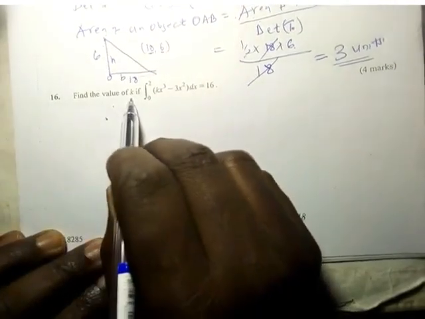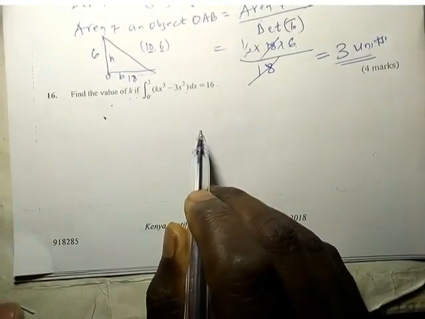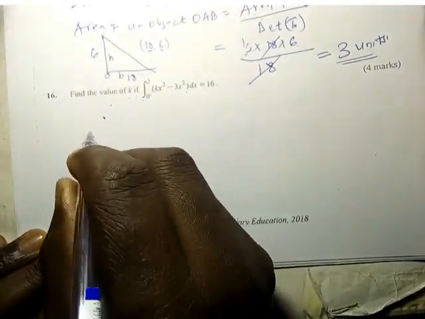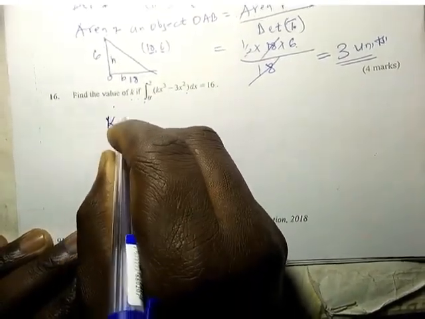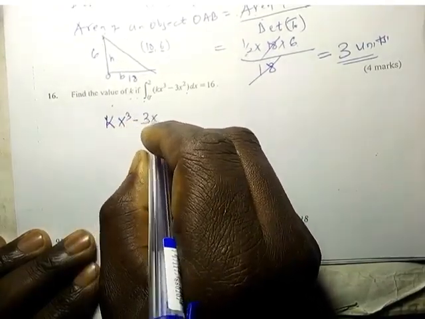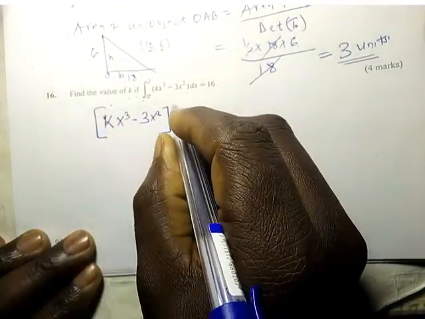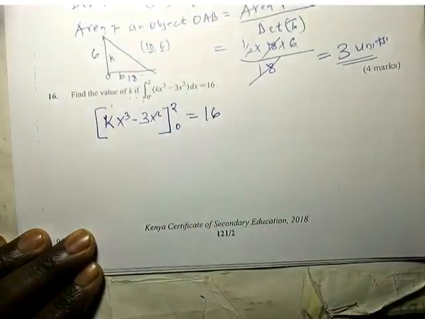Find the value k if this, so we want to integrate that. We are integrating from the limit 0 to 2, k x cubed minus 3x squared, and the answer is supposed to be 16.